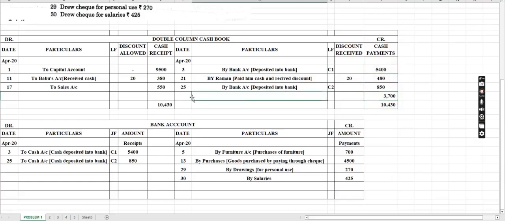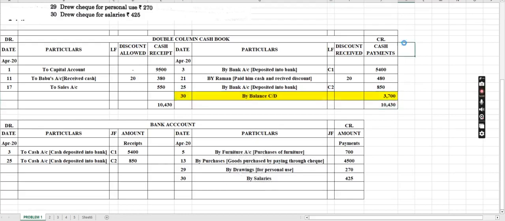That is at the end of April 30th, by balance brought down, sorry, carried down, by balance carried down. We are carrying down the balance. Okay, carried down 3,700 rupees. This is the balance carried down.